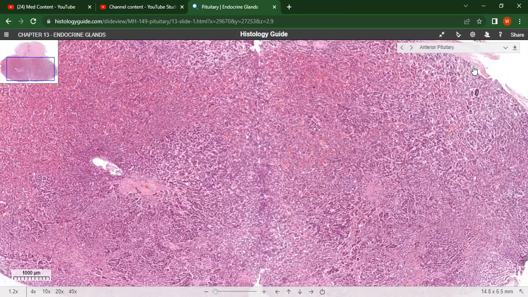What is a portal vein? A portal vein is a vein which has capillaries on both ends. The primary capillary plexus is found in the hypothalamus, and the secondary capillary plexus is found in the adenohypophysis.